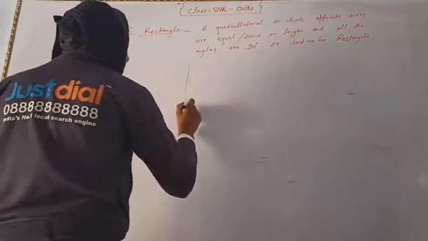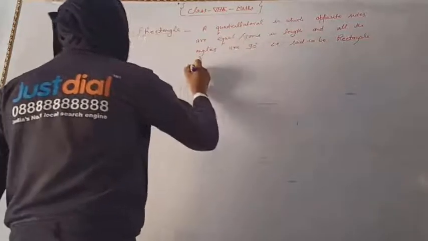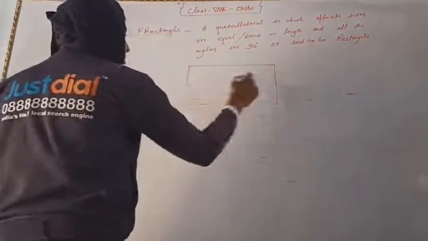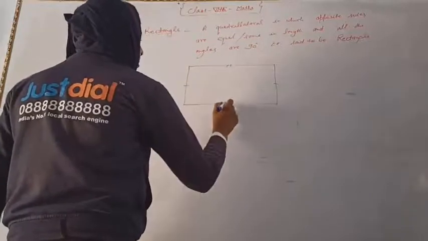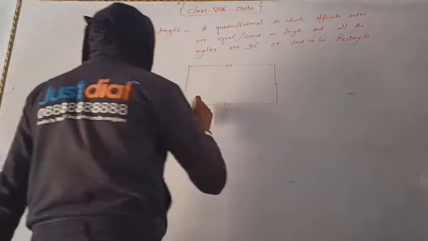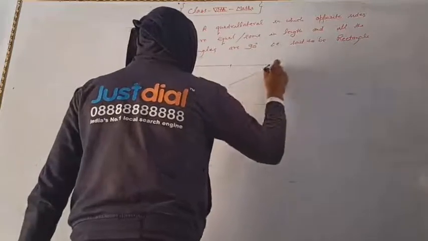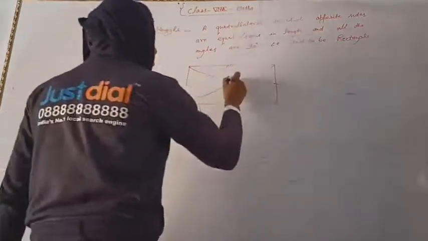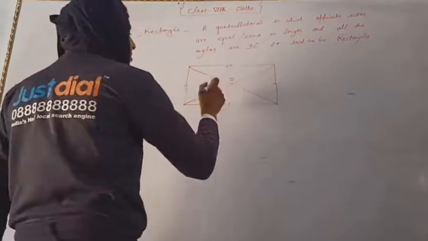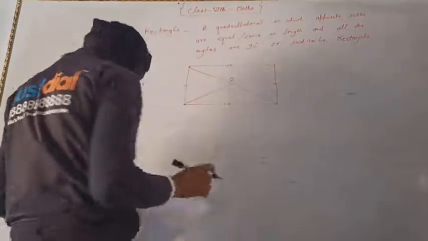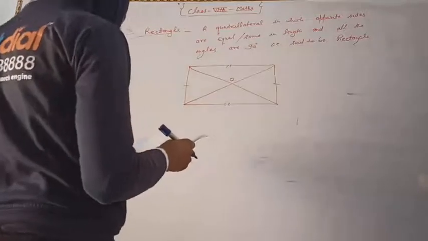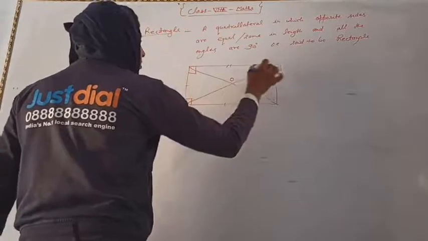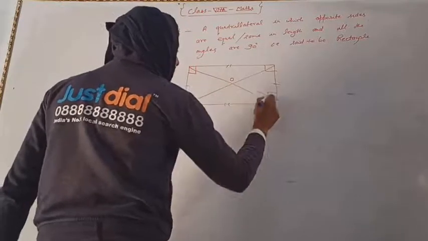In rectangle, as by definition, you know already that opposite sides are equal. Okay. Opposite sides are equal. The diagonal bisect each other and all the angle is equal to 90 degree.